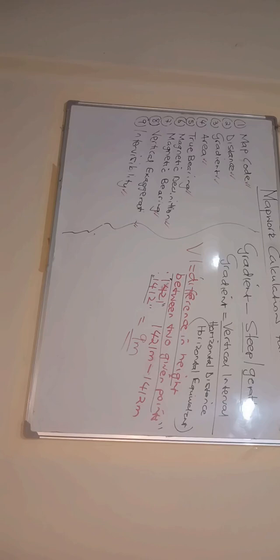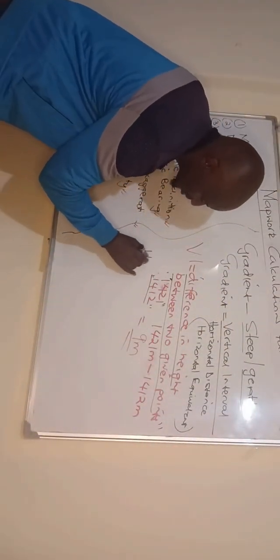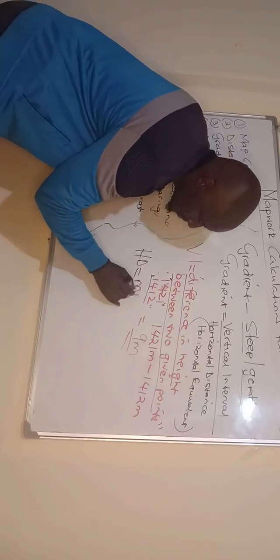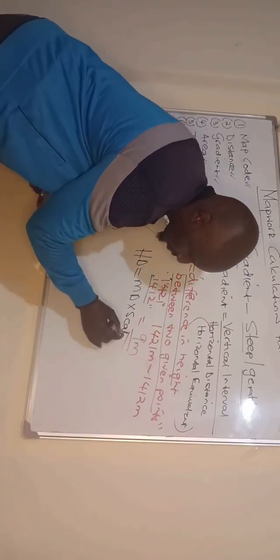Now our horizontal equivalent, or horizontal distance, HD, is equal to map distance multiplied by scale. The same way we calculate distance is the same way we calculate our horizontal equivalent, or horizontal distance.